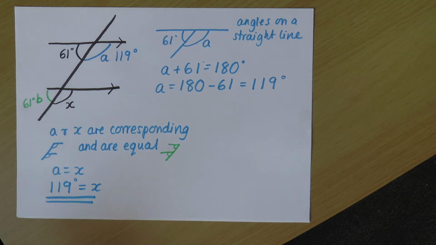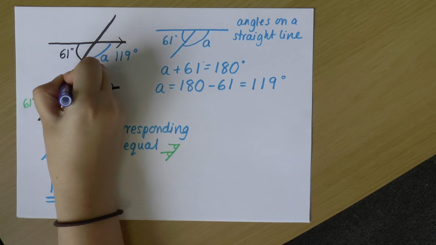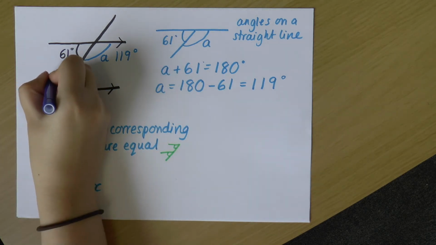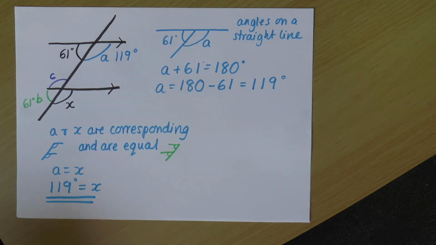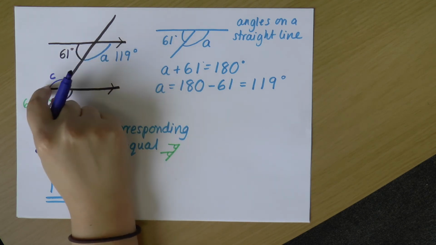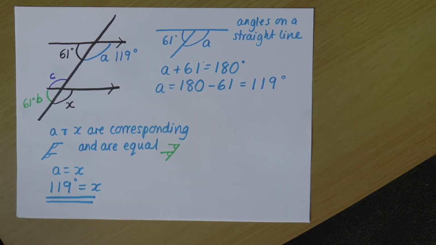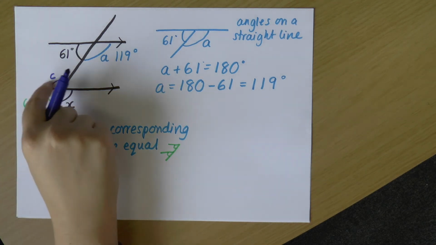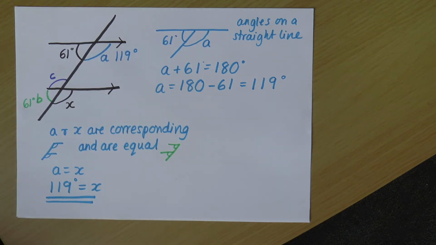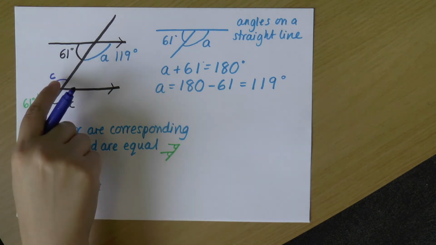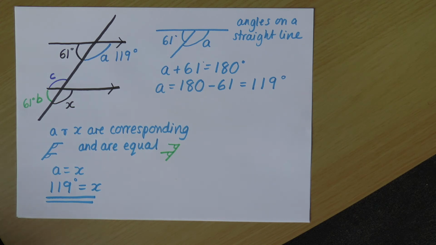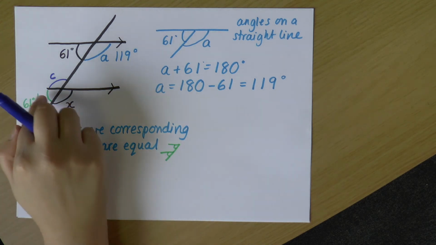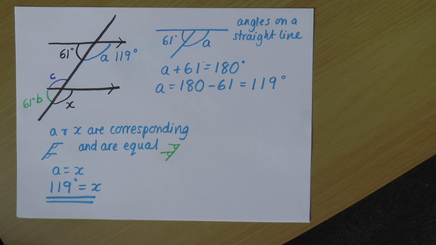I could also say that this angle C is a co-interior angle with 61, and co-interior angles add up to 180. So this co-interior angle means that C is 119, because I do 180 minus 61.